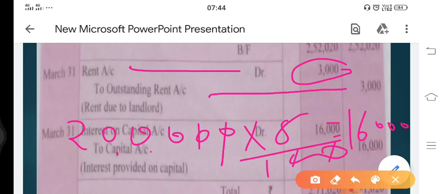Now this is 8% per annum, and we have to charge this interest from 1st April to 31st March. That is for the whole year. So since interest needs to be charged for the whole year, that is total 16,000. So here the entry will be 2 lakh into 8 upon 100, that comes to 16,000. So we'll post this journal entry for 16,000.